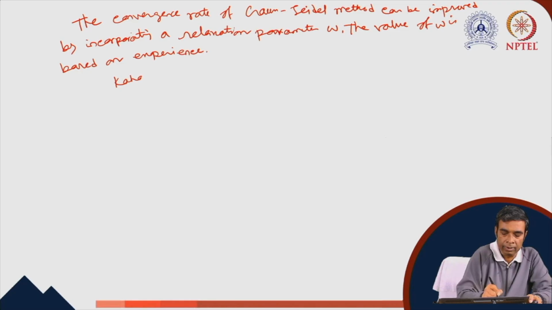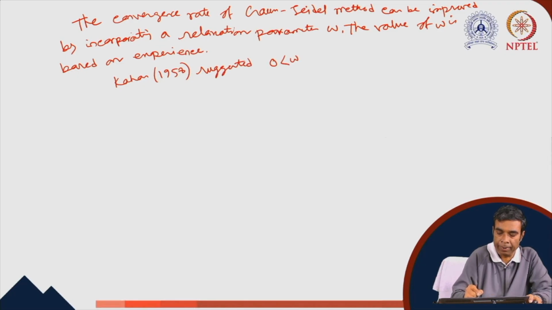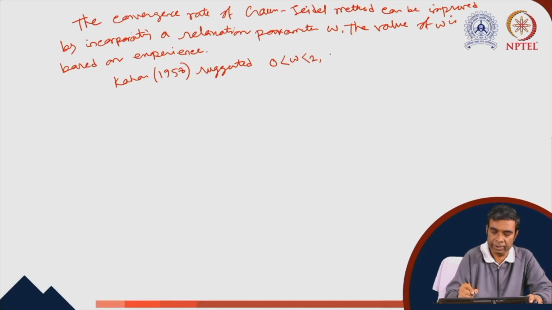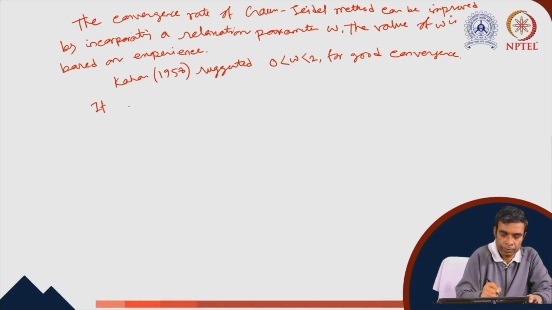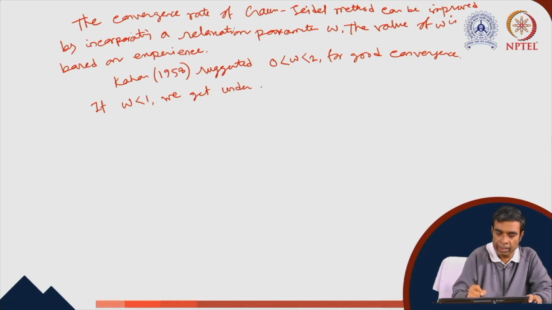Kahan in 1958 suggested that the value of relaxation parameter between 0 and 2 gives us good convergence. For good convergence, if omega is less than 1, we get under relaxation.